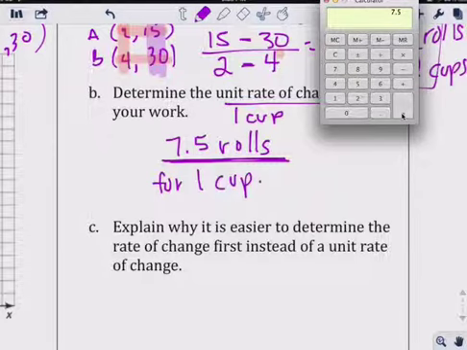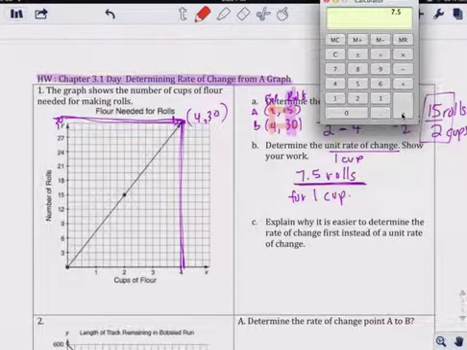Explain why it's easier to determine the rate of change first instead of the unit rate. Well, it's easier to do because you're using whole numbers.